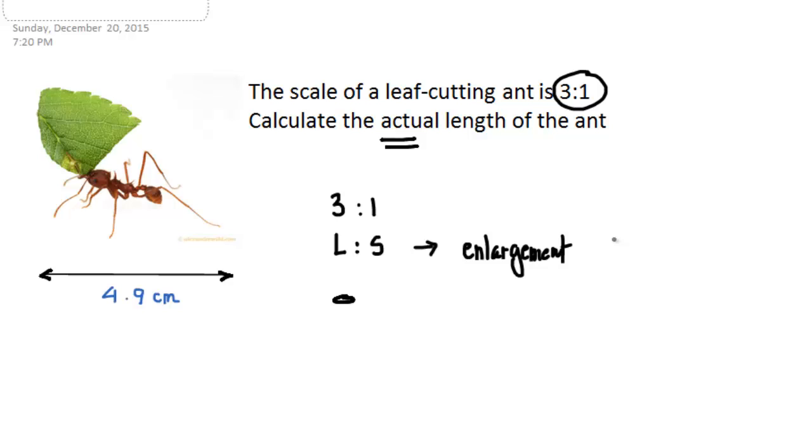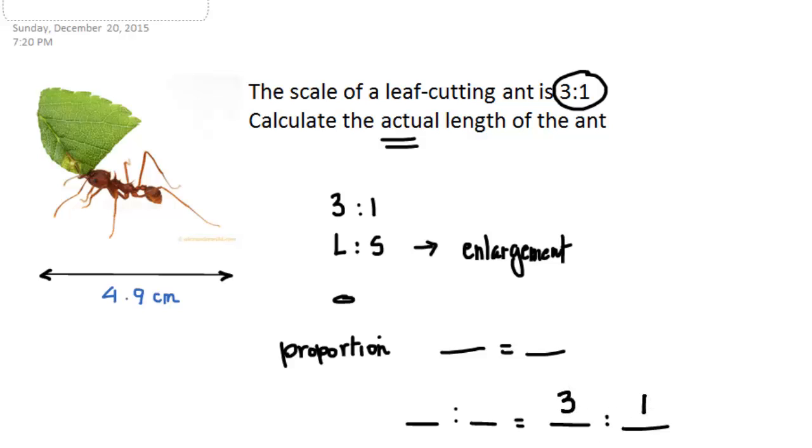In this case, I need to understand the scale and how I can find the proportion from lesson number 1. Do you remember the proportion? We said the proportion is ratio equal to ratio. So I need to find the first ratio that equals a second ratio. Now, I already have a scale 3:1.